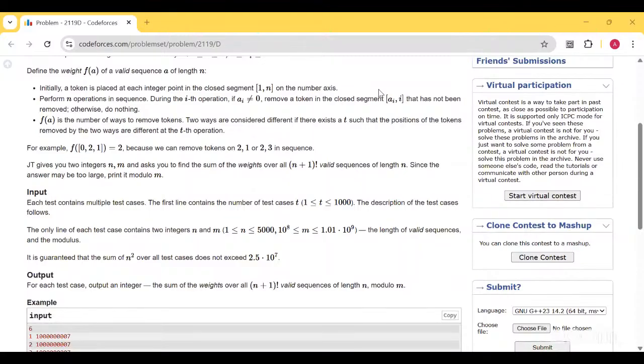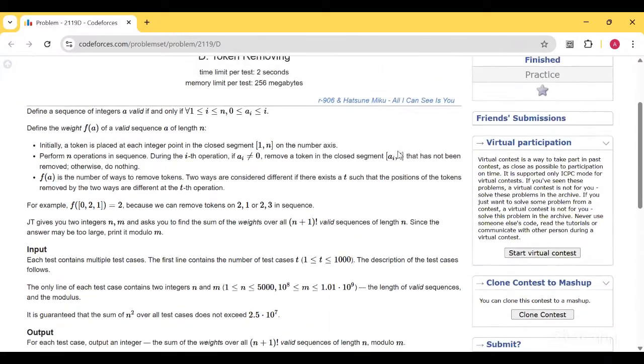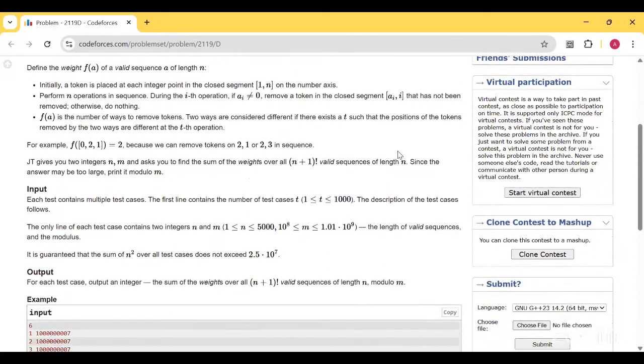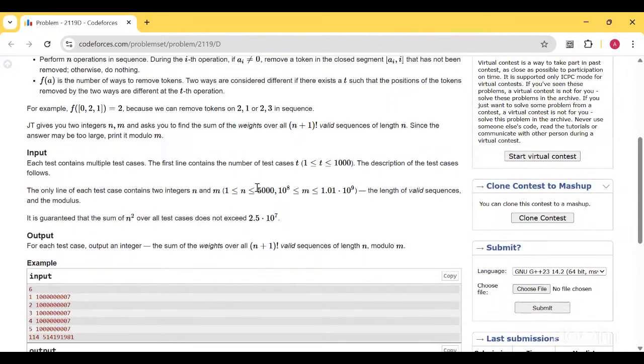Okay, okay, Thomas finished reading. Position finish. Okay, the input is only N and M.